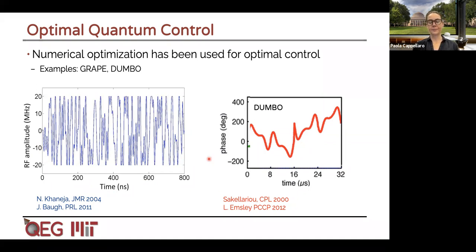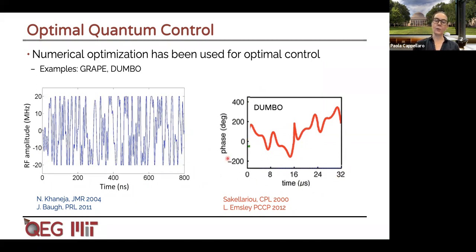Of course, if you invent something and you check NMR, you will always find that people have done it before. Also in the more classical NMR literature, not associated with quantum information, people had developed numerical optimization tools.